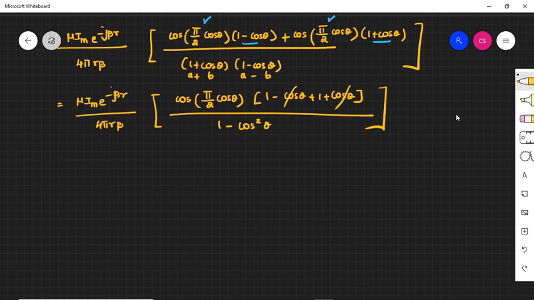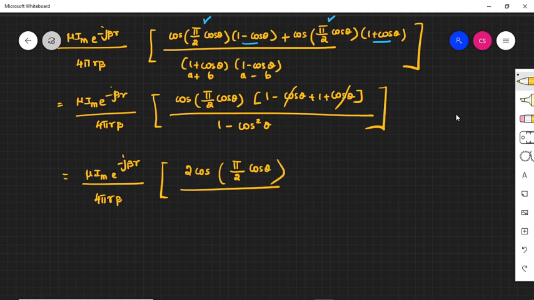So, I am going to simplify this term. So, this is mu im e power minus j beta r divided by 4 pi r beta. So, 1 plus 1 we have 2, so it is 2 cos of pi by 2 cos theta divided by, we know that 1 minus cos square theta is nothing but sin square theta. So, we can cancel the 2 and 4 that is present there to derive the final vector magnetic potential.